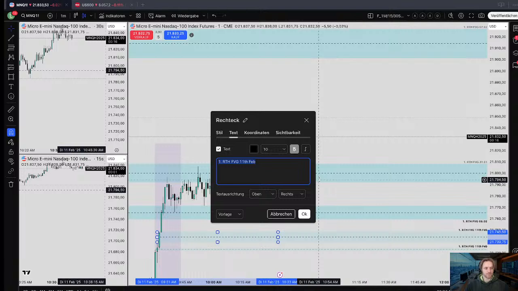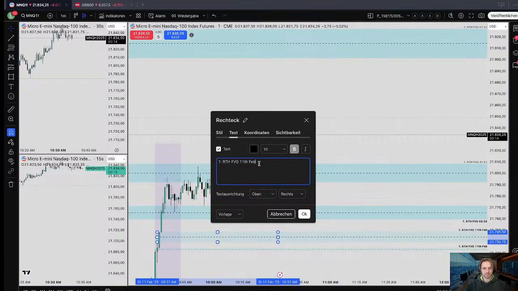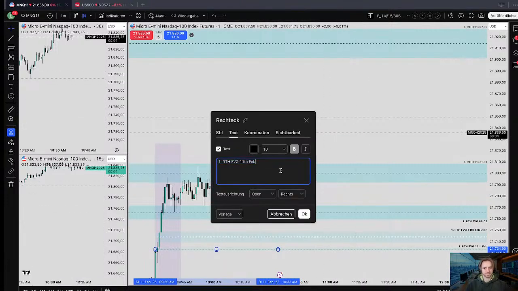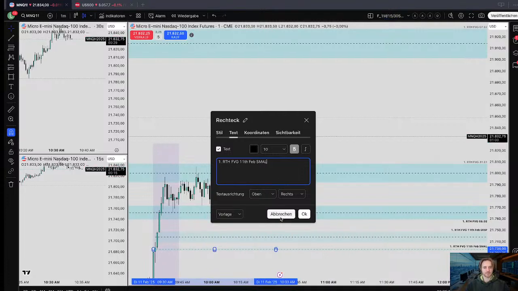Let's describe this one a bit more precisely. Disp for displacement, right? And this one is rather small.